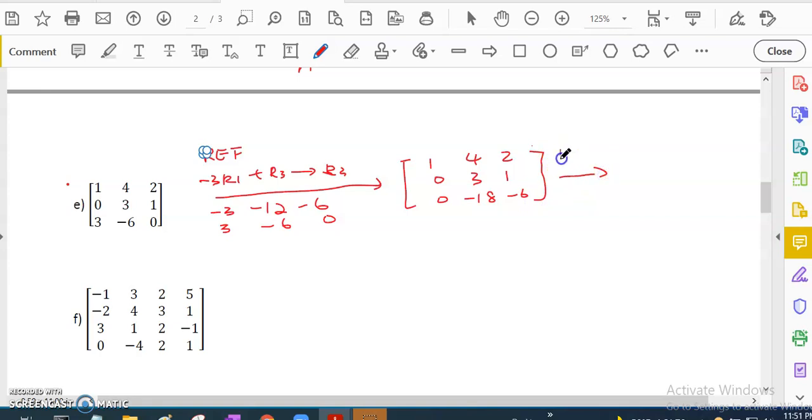And you can obviously see R3 divided by negative 6. Put it back into R3 and it becomes 1, 4, 2, 0, 3, 1, 0, 3, 1.